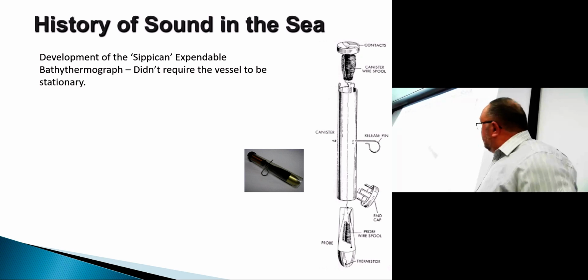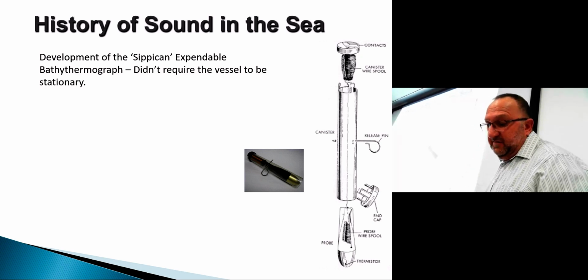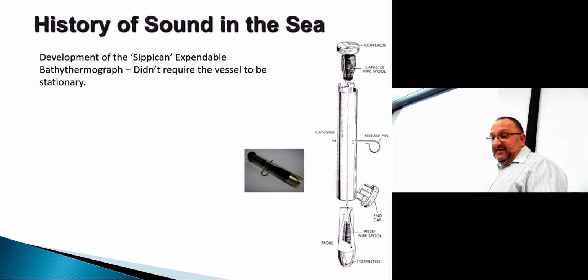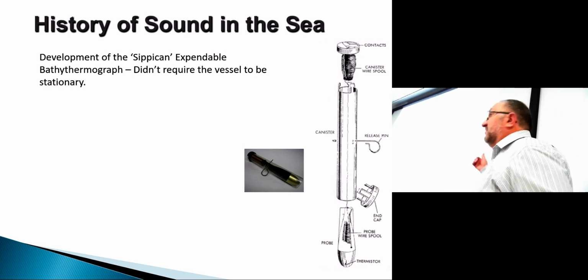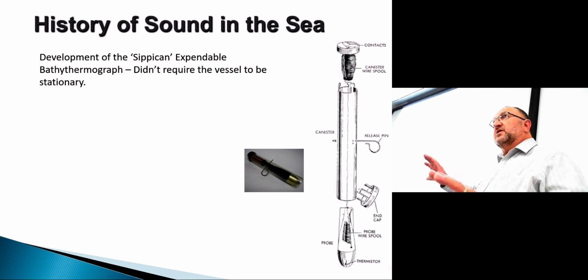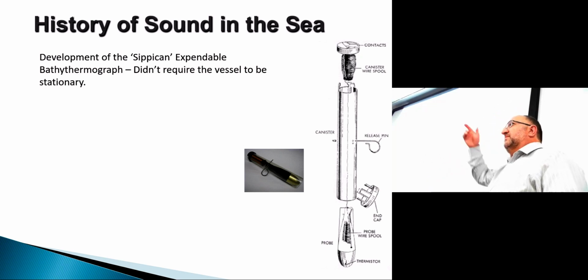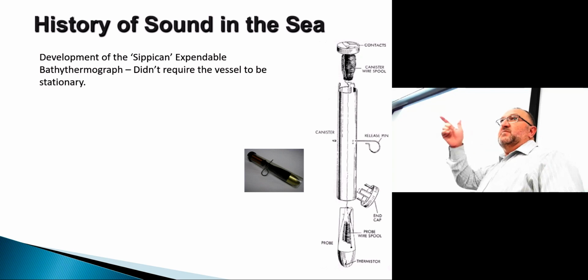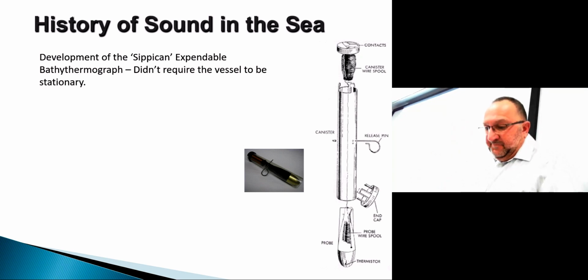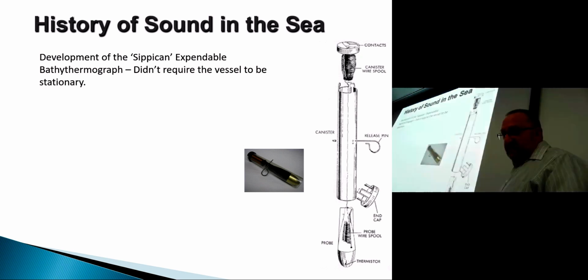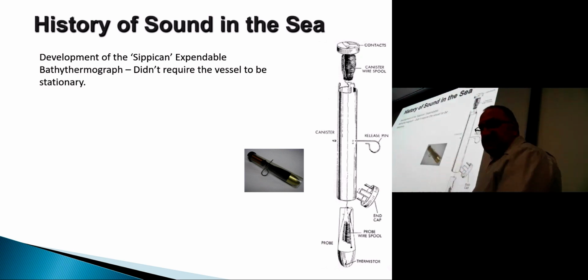And that copper wire provides a data transfer line back to the ship and records on a graph. So as the thing goes down through the water, it records immediately on board the ship and gives you a trace of temperature against depth. Eventually the wire runs out and breaks, and the whole thing sinks to the seabed.